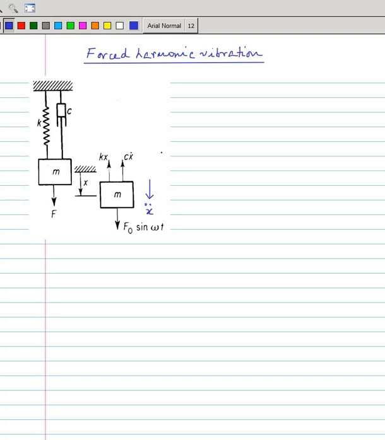So far we have seen free vibration where there was no excitation force, and free vibration we have seen undamped and damped.